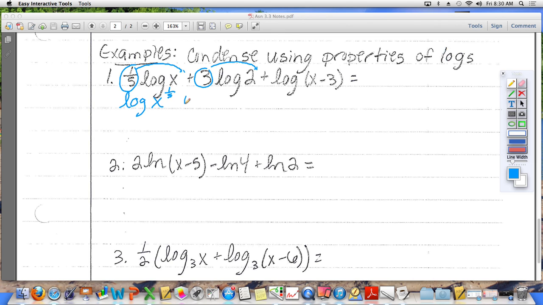All right, this is log of 2 to the 3rd power. And then, of course, we still have log of x minus 3. All right, and then we need to clean this up a little bit. They're all being added, so I can make it one thing. So this is the same thing as having the log of a bunch of things multiplied. At the same time, I'm also going to clean it up a little bit. What, again, is x to the 1/5 power?